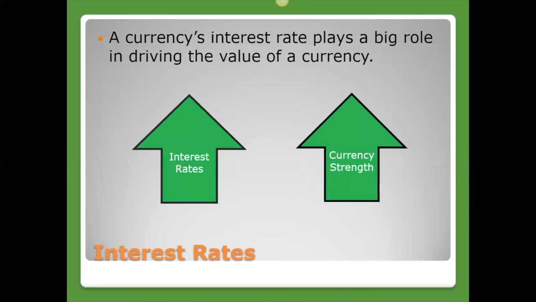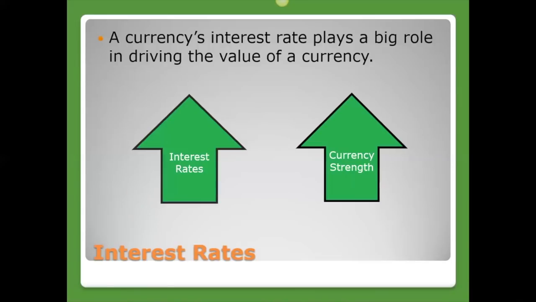And the big relationship between interest rates and the currency is that if interest rates go up, then the currency will go up. And if there's the expectation of interest rates going up, then the currency will start to move up. So people will start buying in anticipation that the interest rates will go up. So it's very important to remember that as interest rates go up, the currency will go up in strength as well.